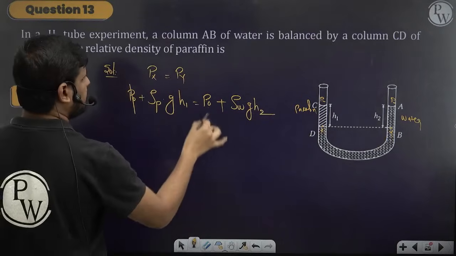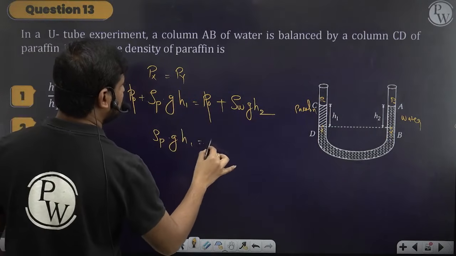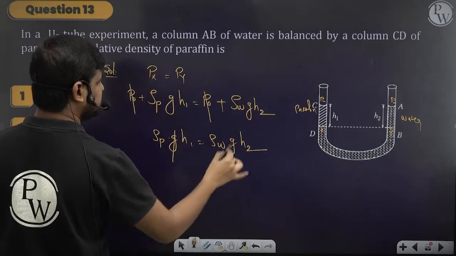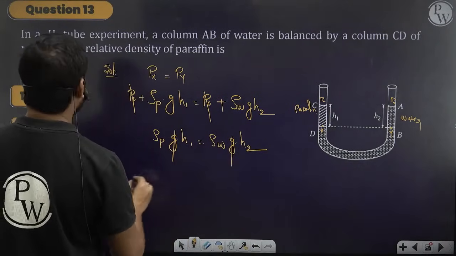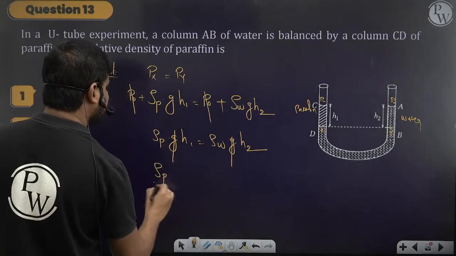So P naught gets cancelled. So rho P g H1 is equal to rho W g H2, and g gets cancelled.